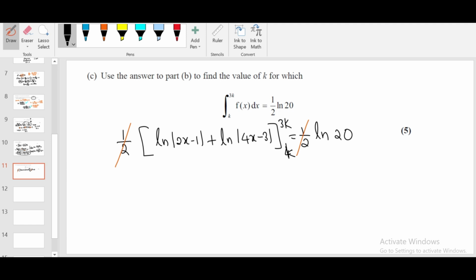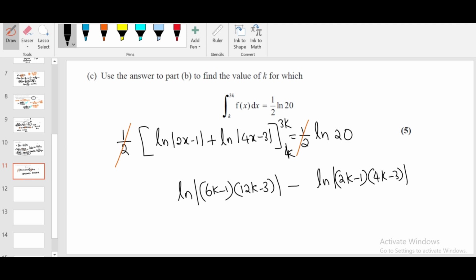So when I replace x by the upper limit 3k, I can put it as a single logarithm, ln a times b. So 2 times 3k is 6k minus 1, times 4 times 3k, 12k minus 3, modulus, minus the lower limit, replace x by k, ln 2k minus 1 times 4k minus 3 modulus, is equal to ln 20.